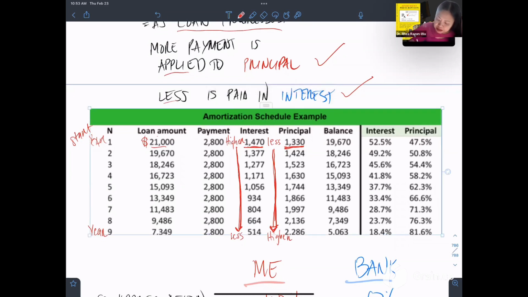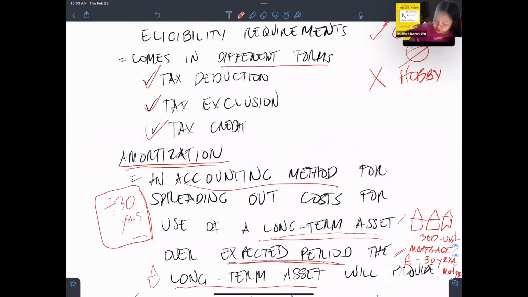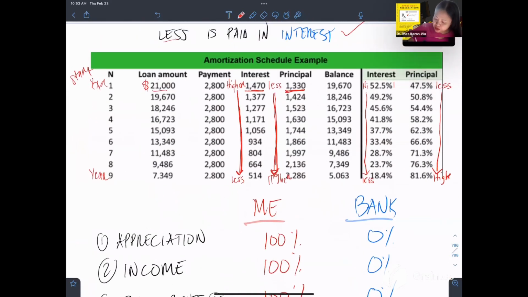This is what I mean by higher interest in the beginning, and it gets less as you pay it down over several years. The principal is less in the beginning and starts to get higher as you pay it over time.